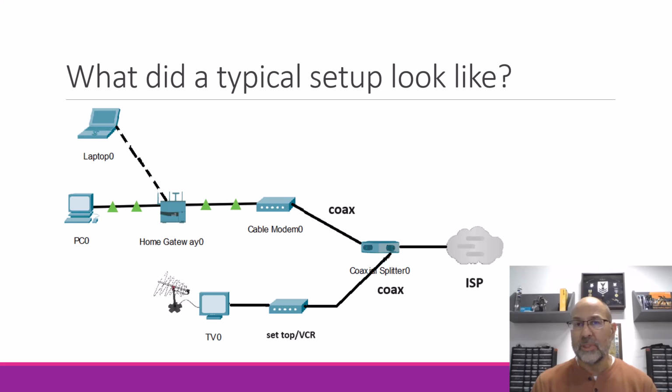Now, some TVs also had an antenna attached because there were some stations that you wanted maybe that weren't covered by your cable television, right? Maybe you didn't get local programming, and so you might have had an antenna that was attached to your TV as well that allowed you to get those local broadcasts.